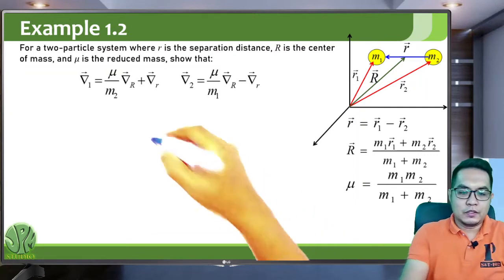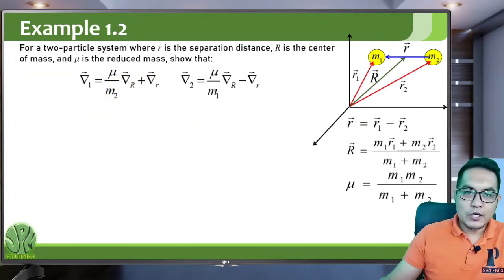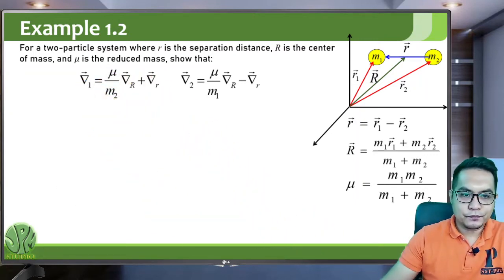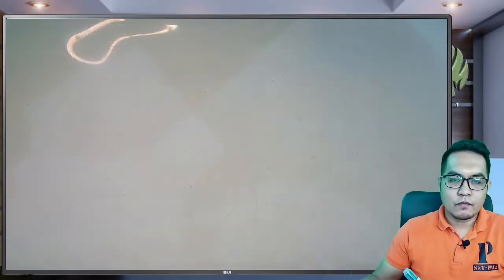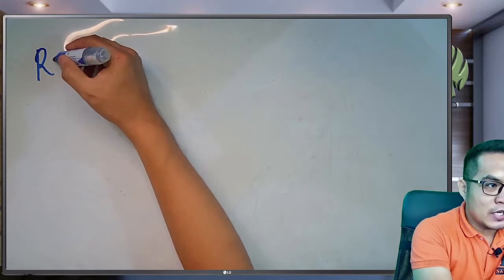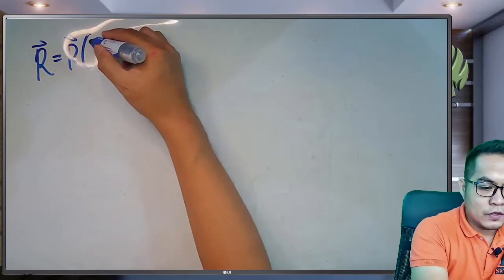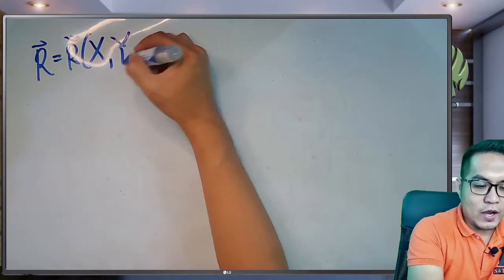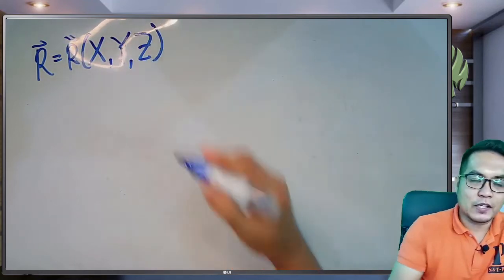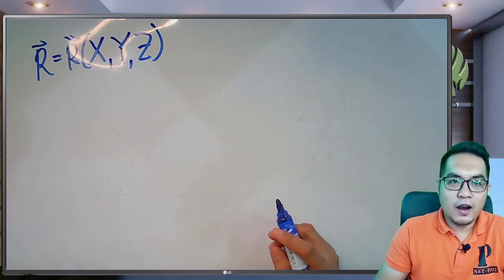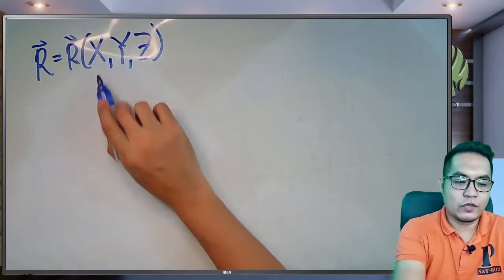So we will assume first that the three-dimensional center of mass is a function of the x center of mass, the y center of mass, and the z center of mass. So the capital R's are the centers of mass for x, y, and z.